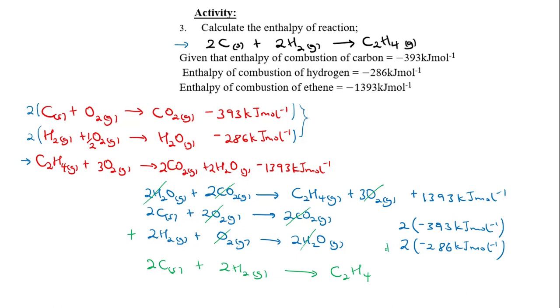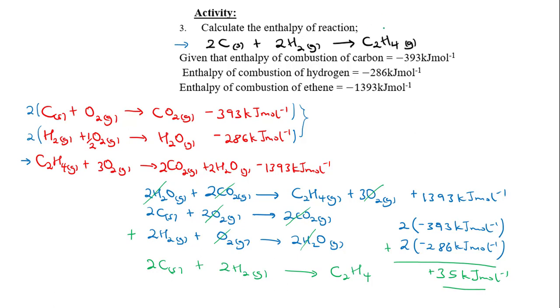So all we have to do is to add positive 1393 plus, now this one we have to multiply and then add, and if you do that we shall get 35 kilojoules. Obviously positive 35 kilojoules per mole.